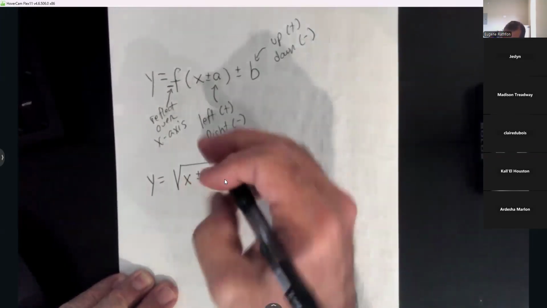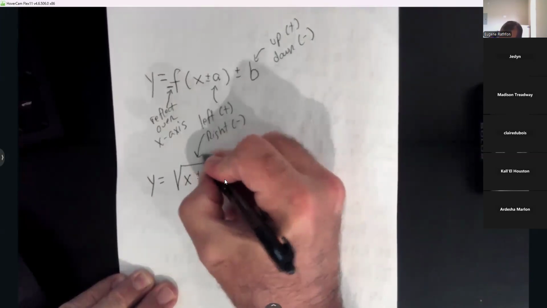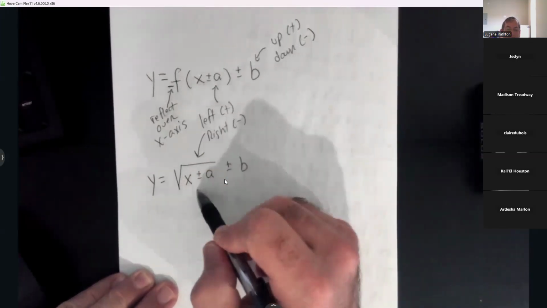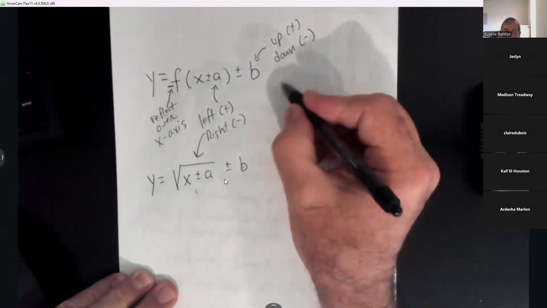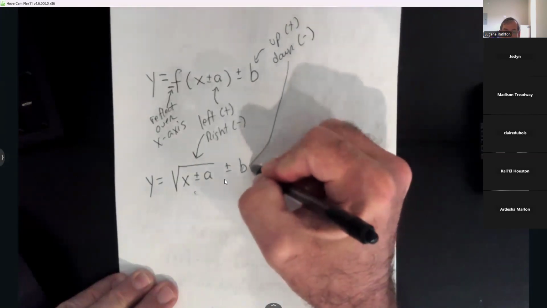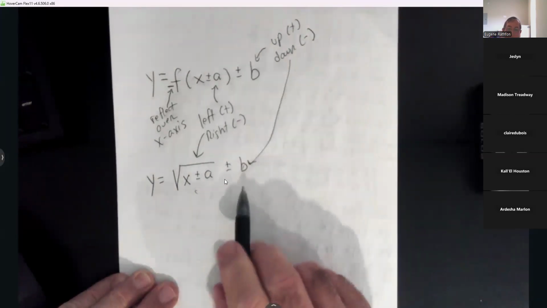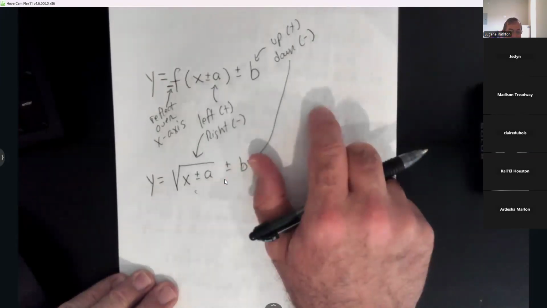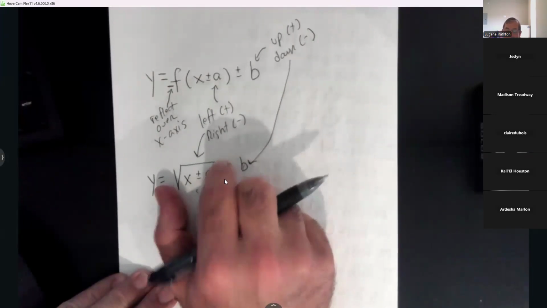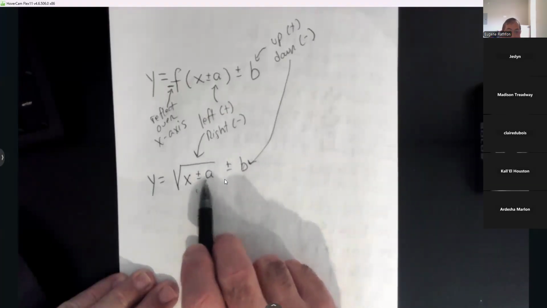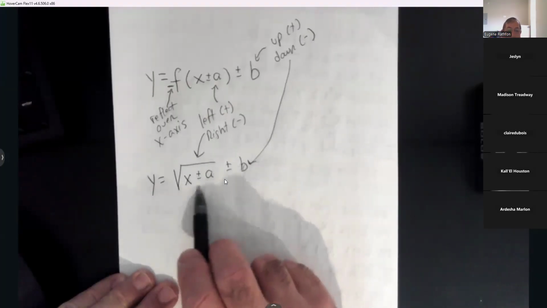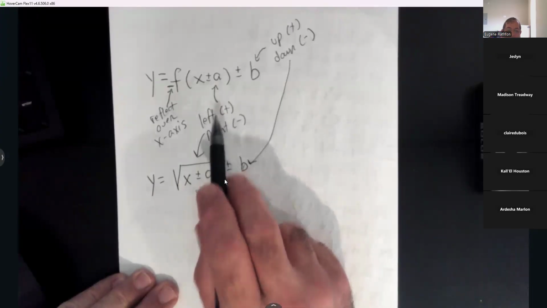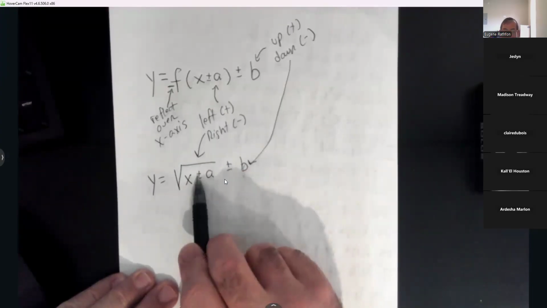If it's on the inside, it's still going to be left or right. If it's at the end like this, it's still going to be up or down. Okay? So up or down is automatically at the end. It's not inside these parentheses, radicals, okay? But if the number is inside the radicals, then you're going left if it's positive, right if it's negative, okay?